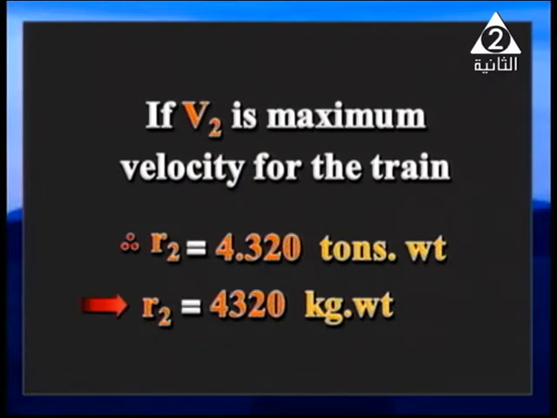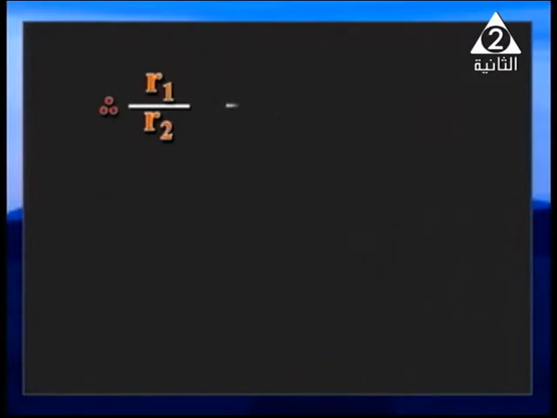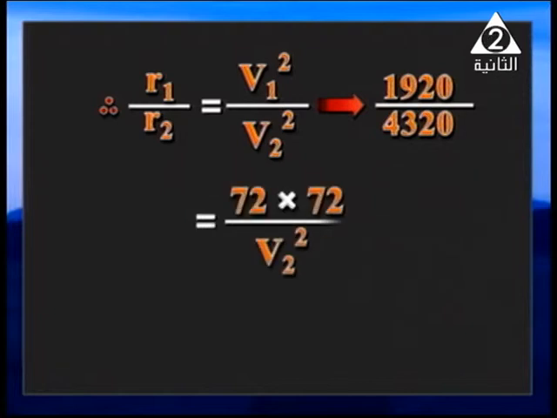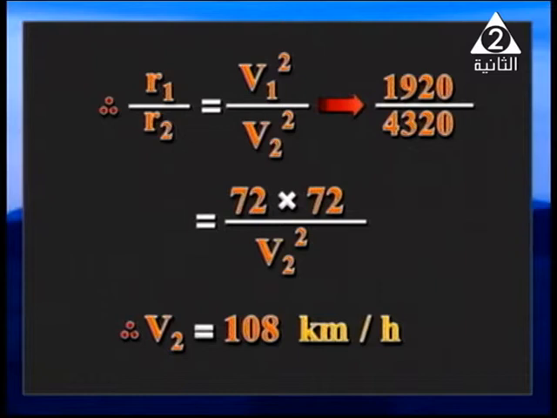Since R1 over R2 equals V1 square over V2 square, by substitution, 1,920 over 4,320 equals 72 square over V2 square. By cross multiplication, V2 equals 108 kilometer per hour.